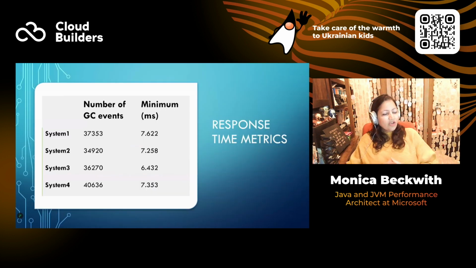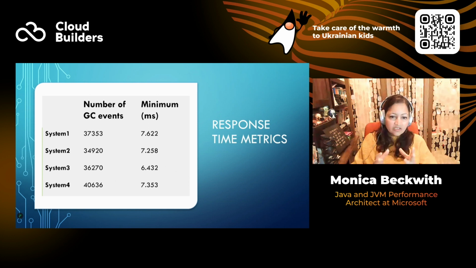At first, when you look at it, you have these 4 systems identified, and because it's a long running system, there are a lot of GC events. If you look at systems 1 to 4, they're in a similar ballpark. You have about 34,900 events at a minimum, and then it goes all the way up to 40,000 events.